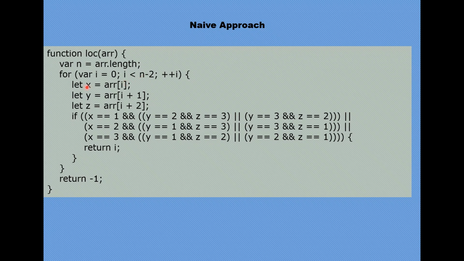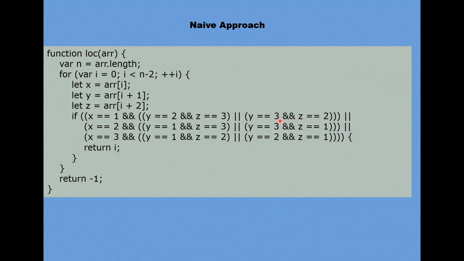We are assigning the variables x, y, z. The current element is x, the next element is y, and the next to next element is z. So at that time we are looking at the current element and the next two elements, and then this is the condition that we are checking: if the current element is 1, the next element 2, and the next to next element 3, or the current element is 1, the next element 3, and the next to next element 2.